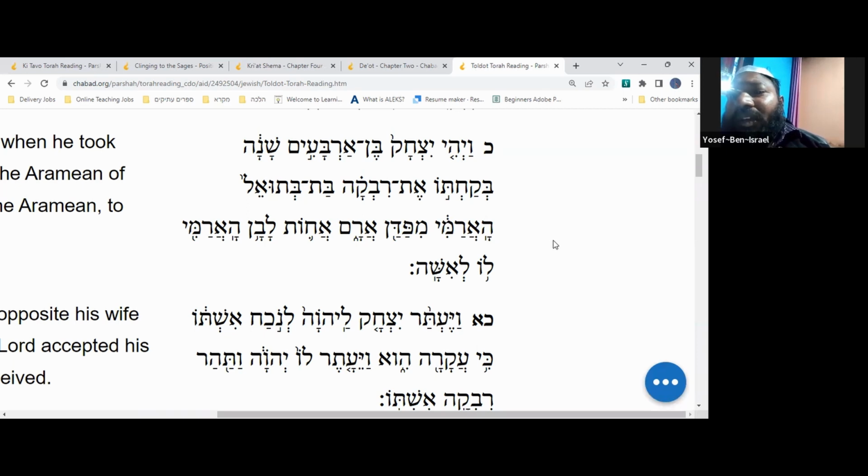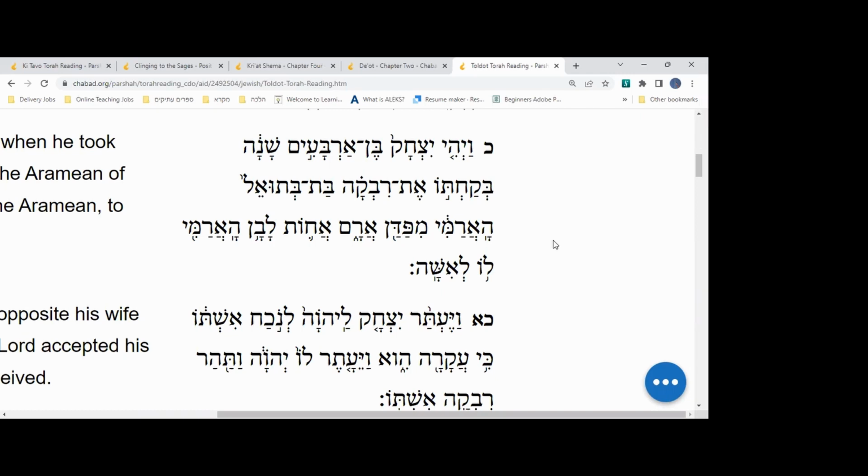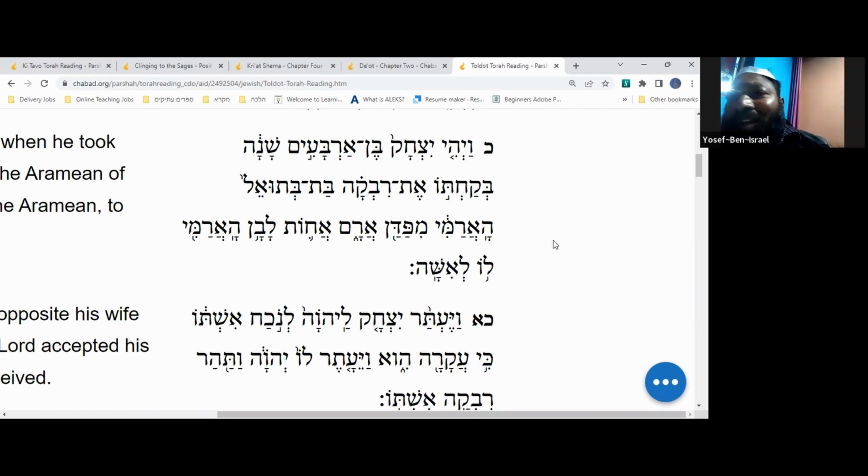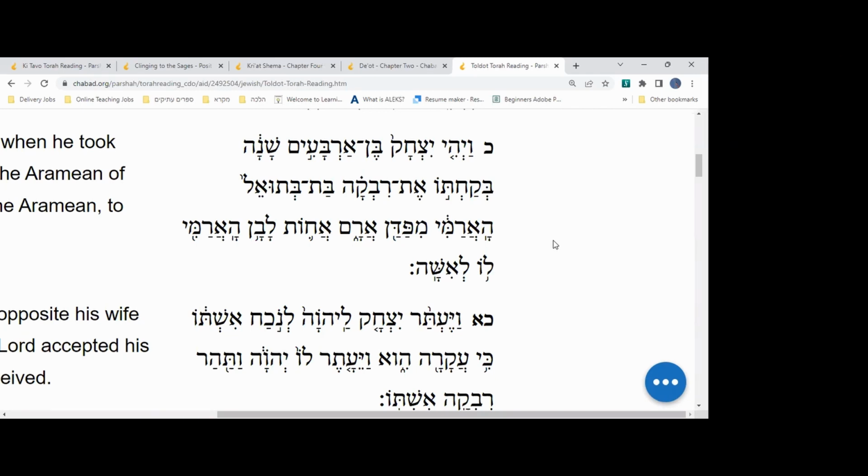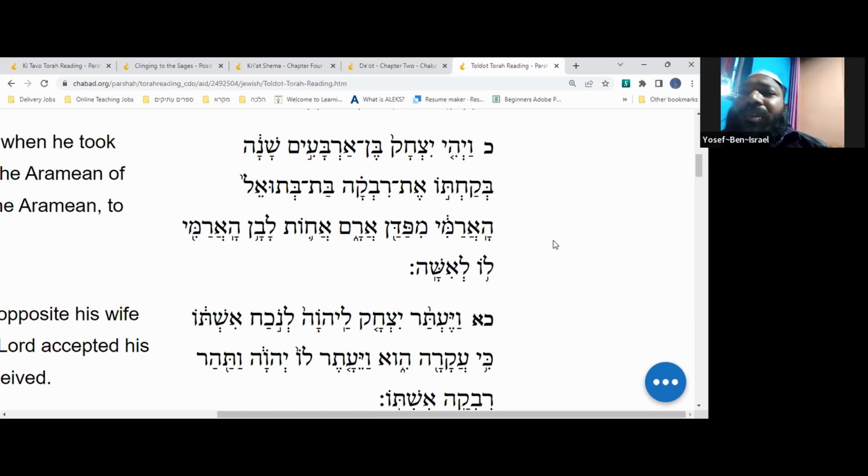What does the dagesh do? When dagesh is in the letter, it is spelled two times. Correct. Very good. When they write it in English, with a very nuanced transliteration, they will double the letter.